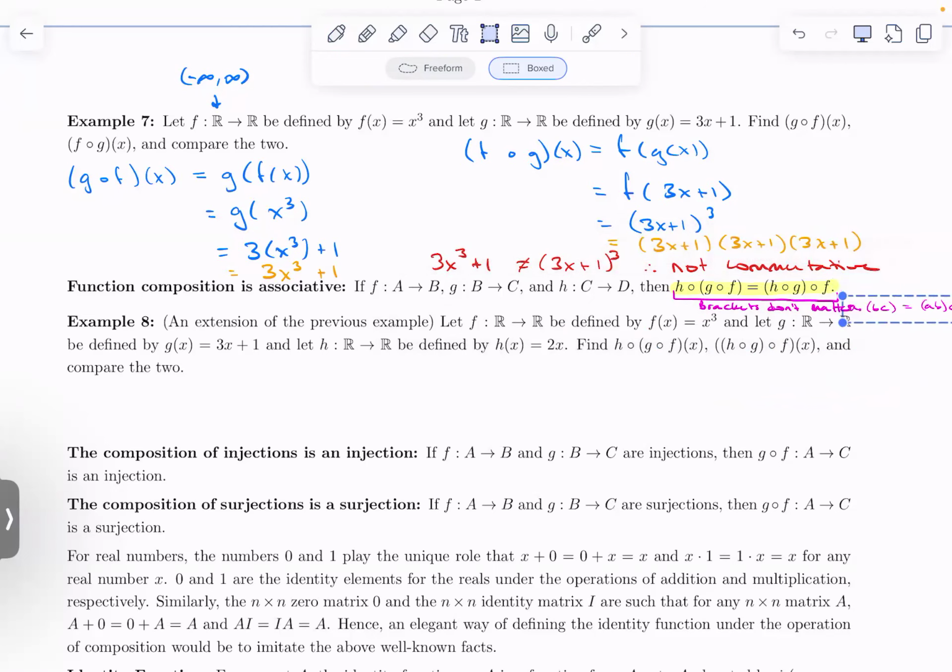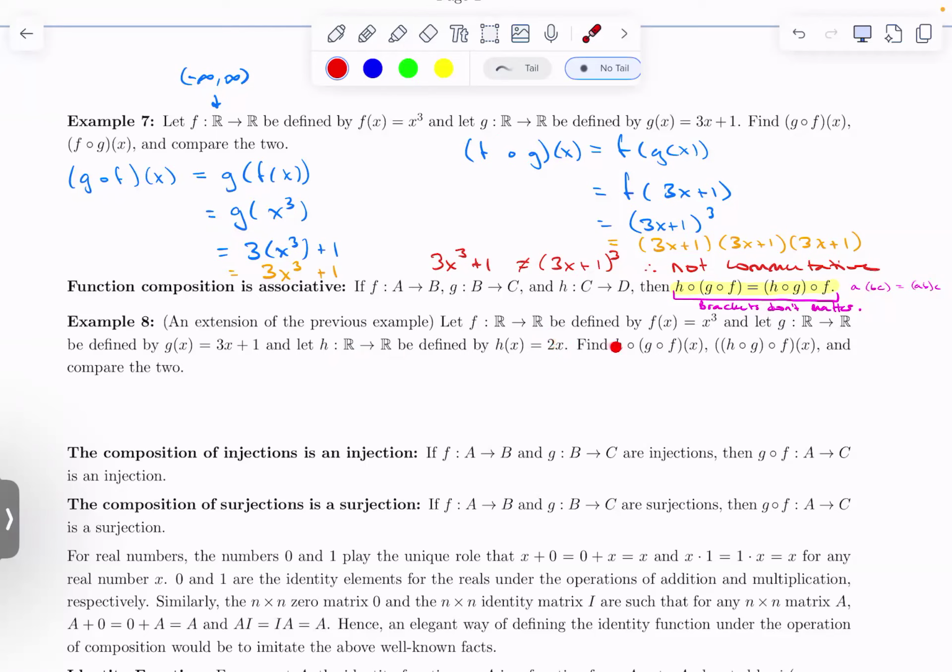How can I do this? And why did I make it so small? So using the same functions, but I've tacked on a function h, and I just let h be 2 times x.